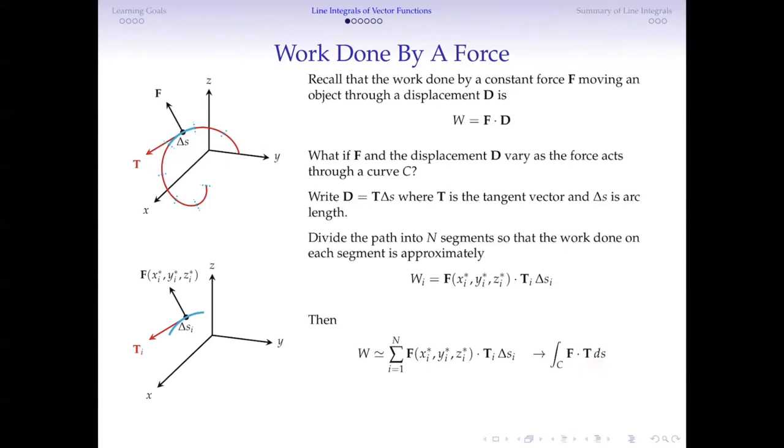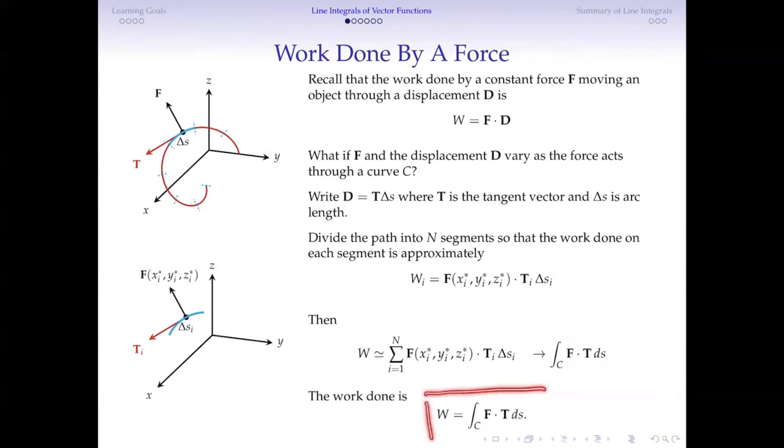So actually, this new integral is, when you look at it closely, something we've already done. I take the scalar function F dot T and I integrate with respect to arc length. That's the work done by a force that varies in space when the displacement is over a curve C.